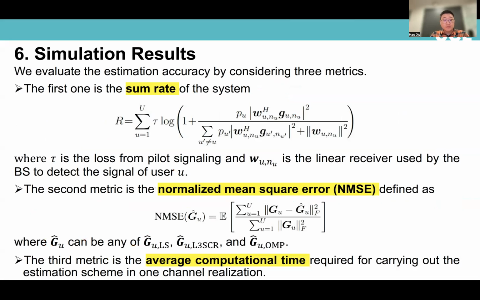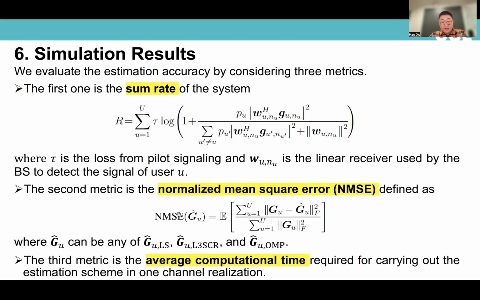Now I will show you some simulation results. We evaluate the estimation accuracy by considering three metrics. The first one is the sum rate of the system, which is expressed in this form. Here, tau is the loss from pilot signaling, and W is the linear receiver used by the base station to detect the signal of user U. The second metric is the normalized mean square error, NMSE, which is defined in this form.